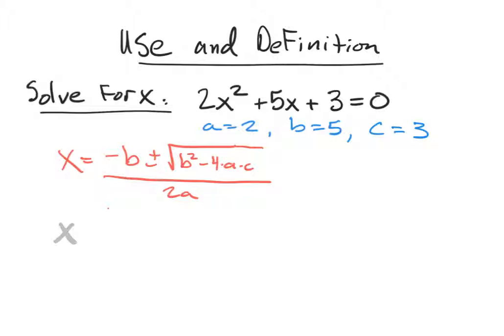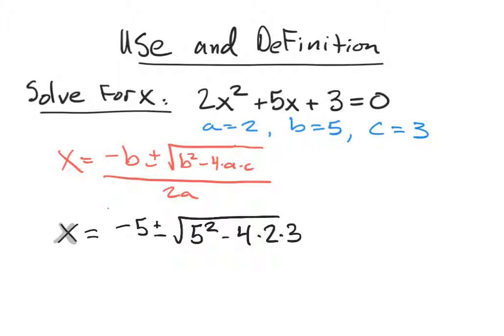So x in this case, oh, that's a highlighter. There we go. x in this case is going to be negative 5 plus or minus the square root of 5 squared minus 4 times 2 times 3, all divided by 2 times a, which is 2.